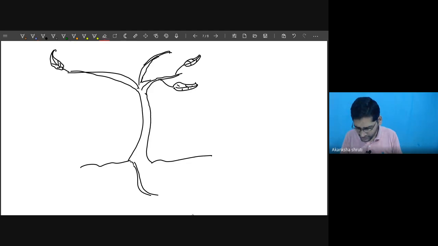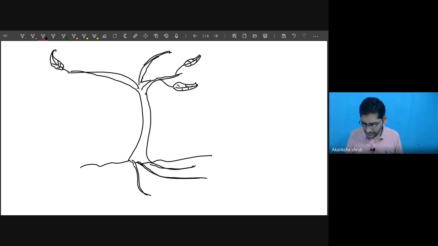These are the roots of the plant. So many roots are there.